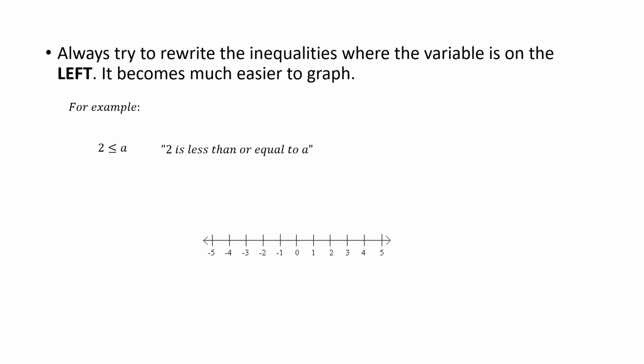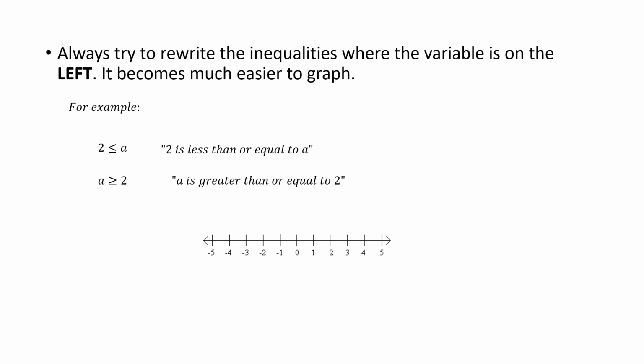And so the alligator always eats the larger number. So in this case, the alligator is eating the A, so A is the larger number. So if we're going to rewrite it where A is first or on the left, we're going to have A is greater than or equal to 2. And so this is much easier for me to see what's happening now when I'm going to graph it.